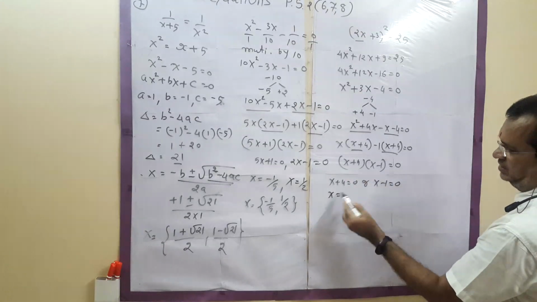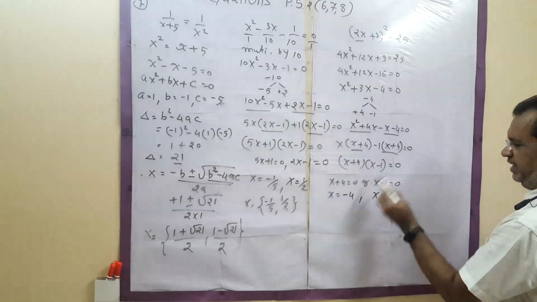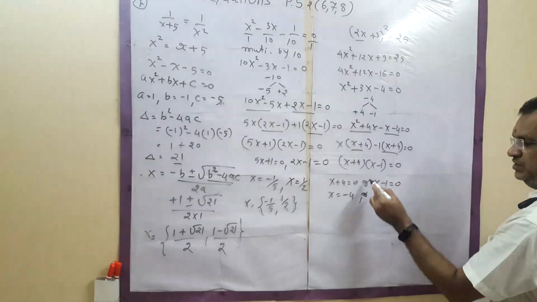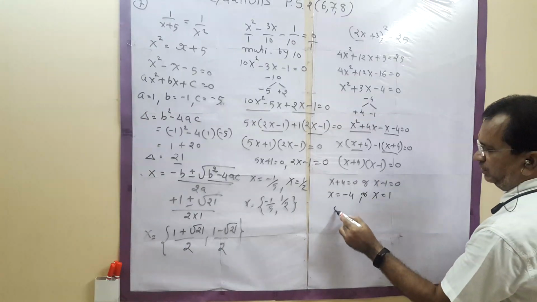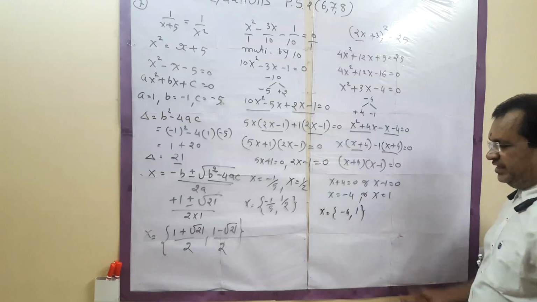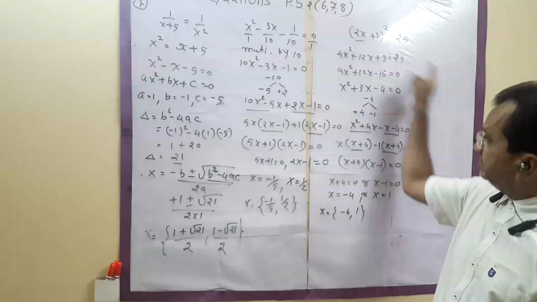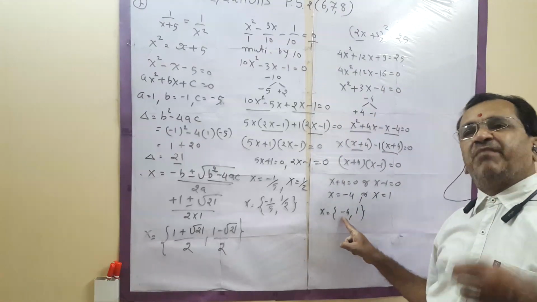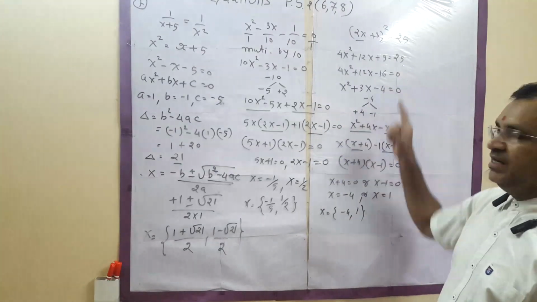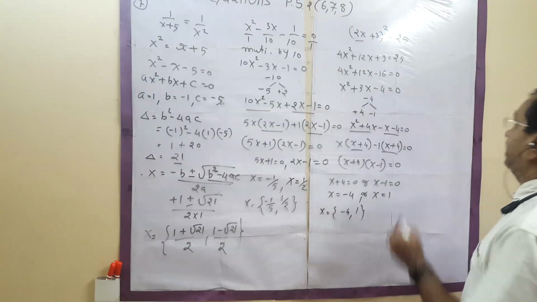So x is equal to, this side, minus 4. That is why we are writing solution set, not solution. So for this equation, the answer can be minus 4, the answer can be plus 1. So that is why it is known as the solution set.